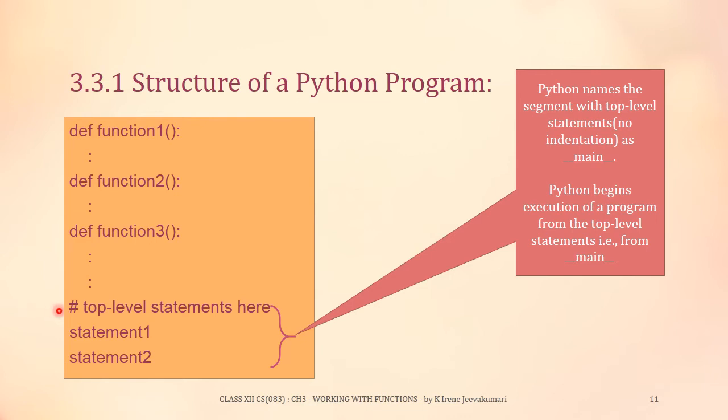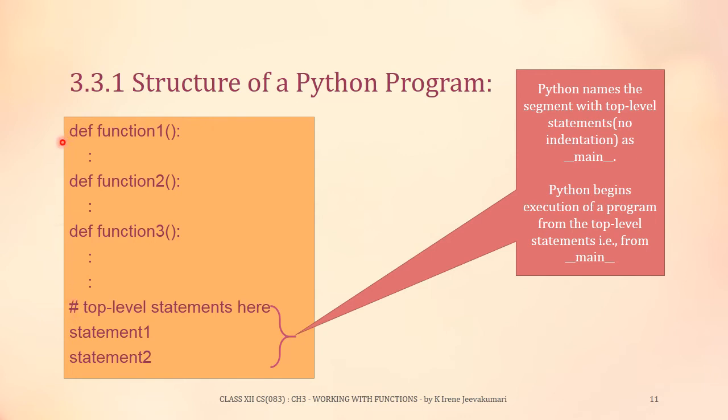At the bottom of this structure, you can see three statements. All three start from the margin. The statements starting from the margin are called top level statements. If there is no indentation, those statements are called top level statements. They are also called the main program.